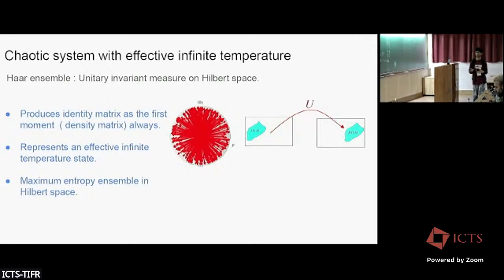It has certain properties: it is a unitary invariant measure, and also it is a maximum entropy ensemble in the Hilbert space. If you want to see a single qubit example, this is a single qubit Haar distribution on the Bloch sphere. From this Bloch sphere picture, you can easily see that this will always give you the maximally mixed identity density matrix. So any expectation value that you calculate will be 0.